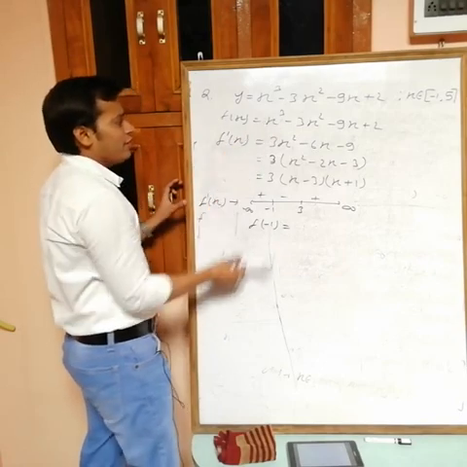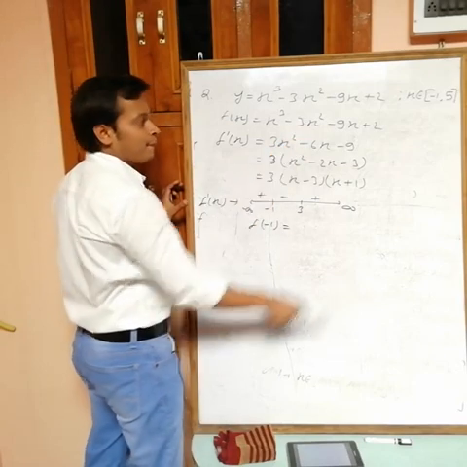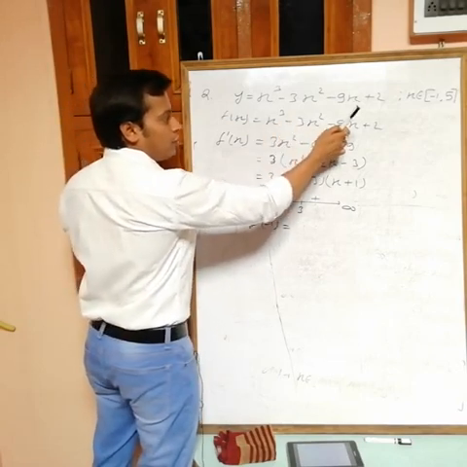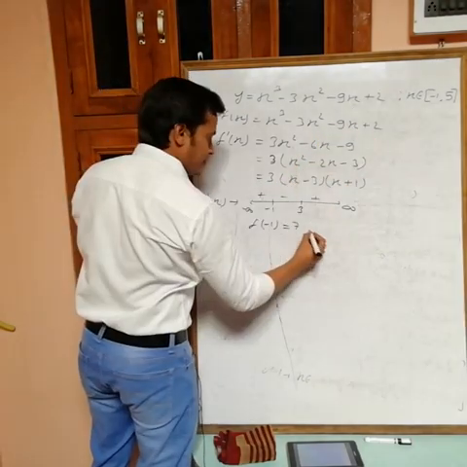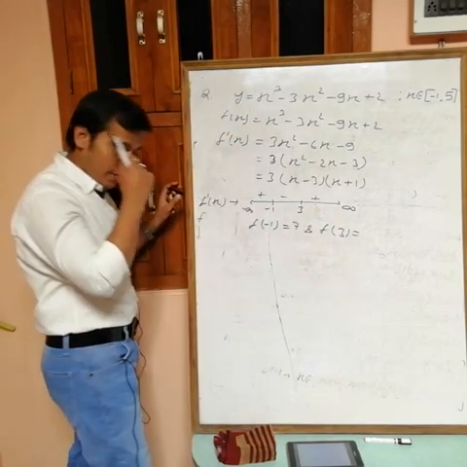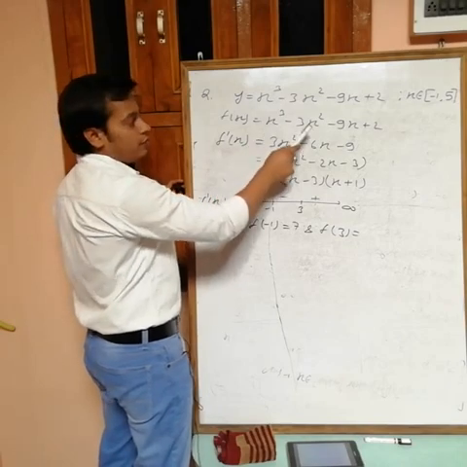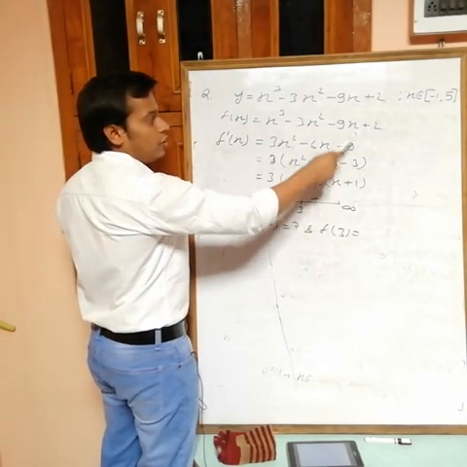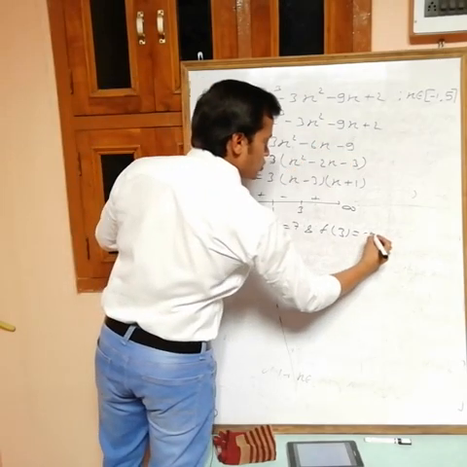If you put minus 1, what are we getting? Minus 1 minus 3, it means minus 4, plus 9 and plus 2, 11 minus 4, 7. Similarly find f3 value at this turning point. If you put 3, power 3 is 27, minus 27 cancel out, minus 27 and plus 2, minus 25.